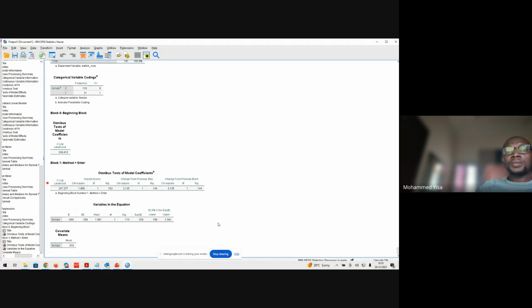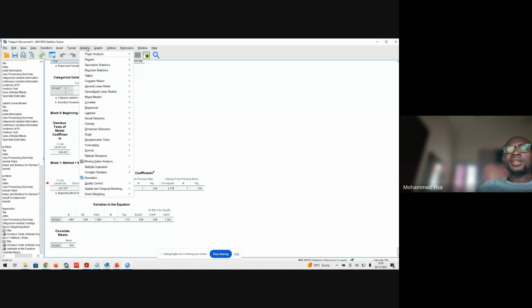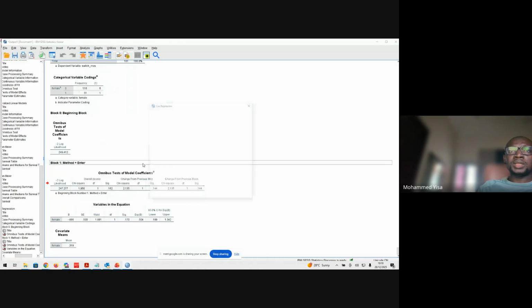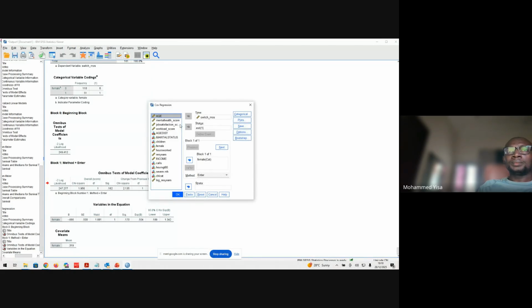So this is the Cox regression, and if you have additional variables that you want to input into the model, you would go to the same option and just input additional variables in here. For example, where is the job satisfaction score?